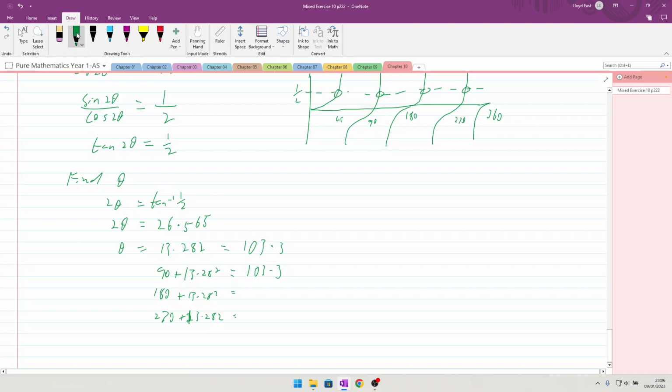Okay. This one should be equal to 13.3, 180 plus 13, 193.3, and the 270 plus it is 283.